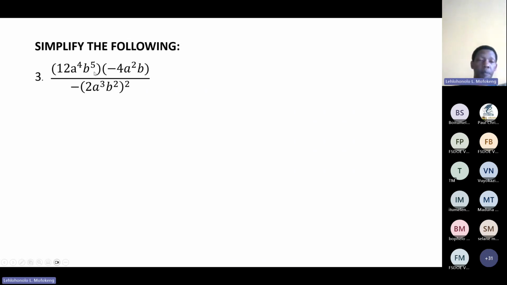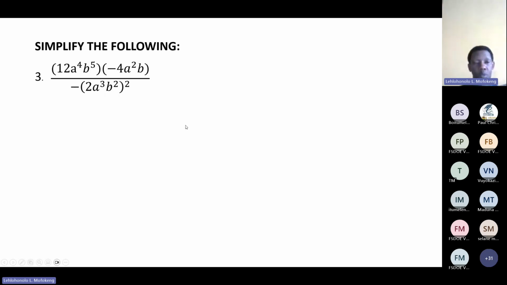We also have the same bases with variable b. And then on the denominator, we also have another law that we are going to exercise, which states that if you raise a product or if you raise a power to a power, you multiply the exponents.